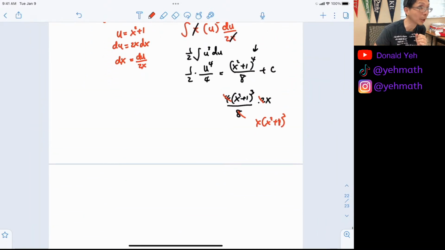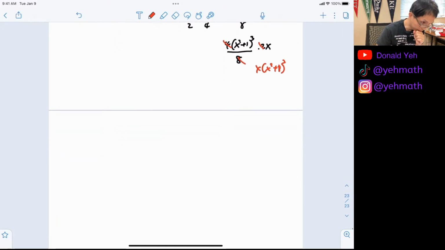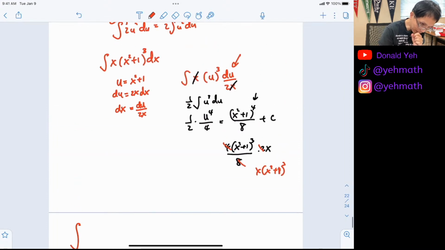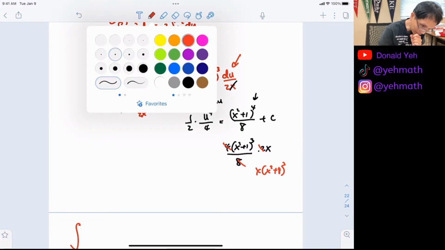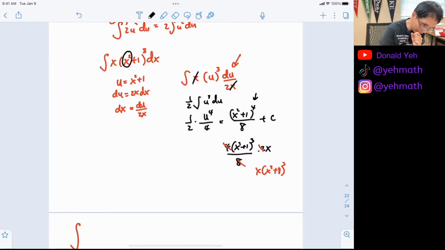Am I going too fast here or no? Okay, I'm going to give you two situations. Pay attention to this relationship. This is 1 degree less. You want to set u equal to the higher degree because usually the lower degree will cancel out. Okay, that's the goal.